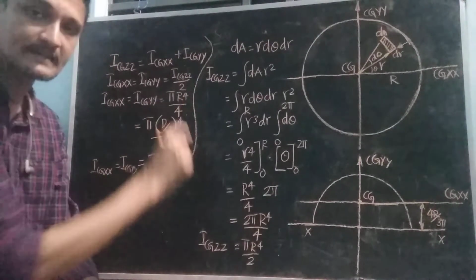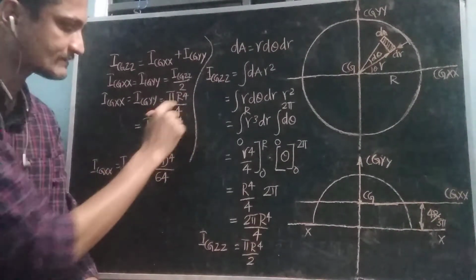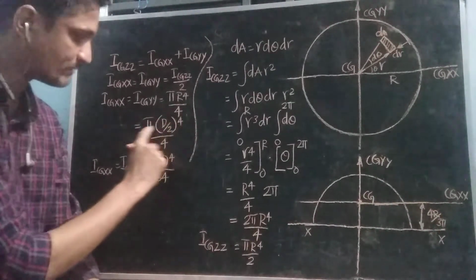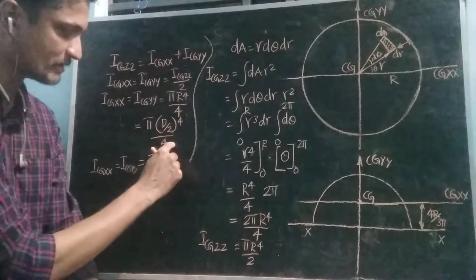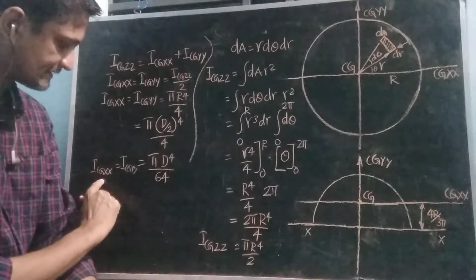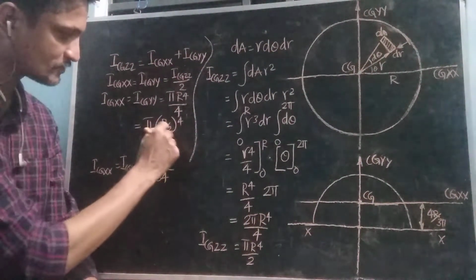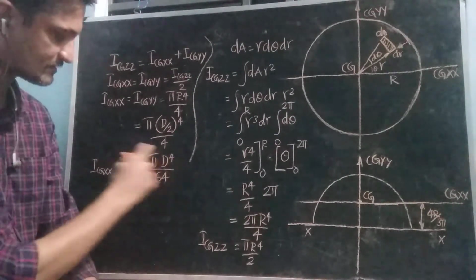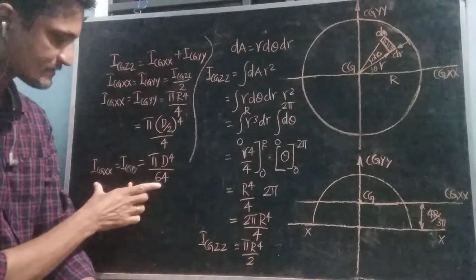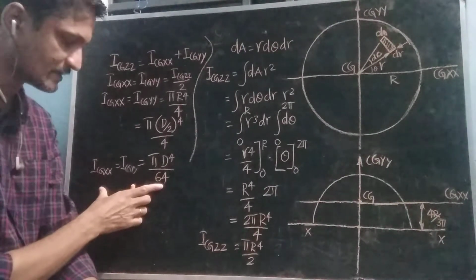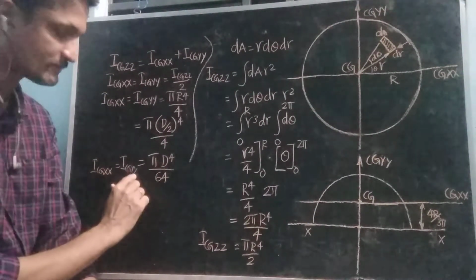Then we can replace radius r as d by 2, then pi into d by 2 whole raised to 4 divided by 4. That's equal to ICGXX is equal to ICGYY is equal to pi d raised to 4 by 64. This is the equation for centroidal moment of inertia of circle with respect to centroidal x-axis and centroidal y-axis.